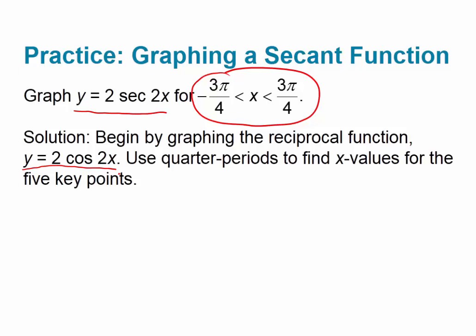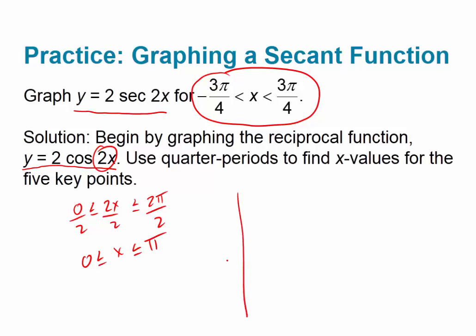All right, let's see. So let's start in here. We know that a normal period for the cosine is 0 to 2 pi. And that 2x is what we're taking the cosine of. So I'd solve this, divide by 2. So it looks like one period of this is going to be pi.